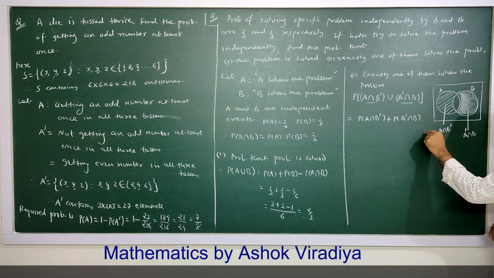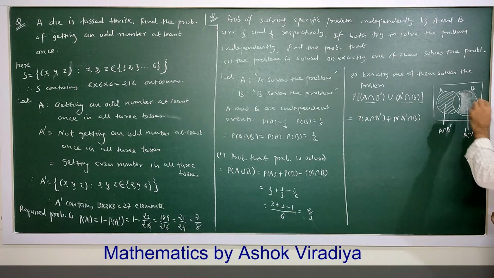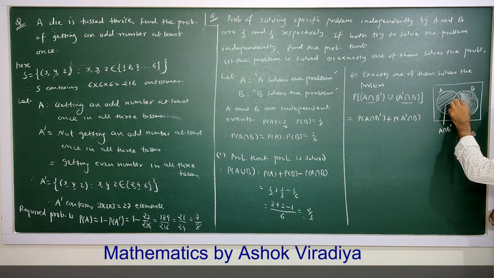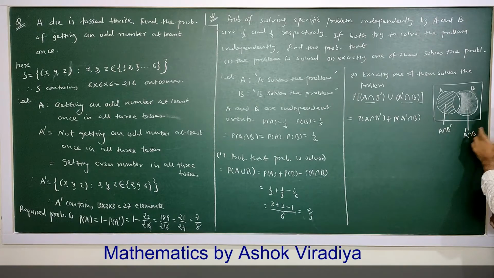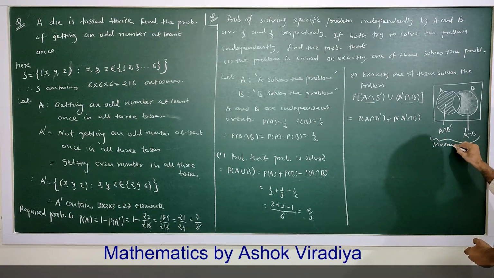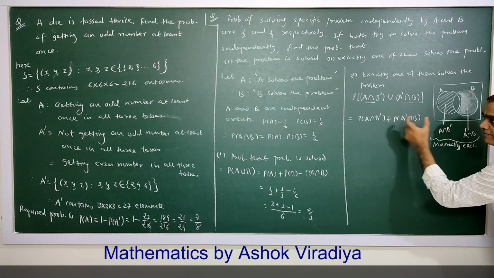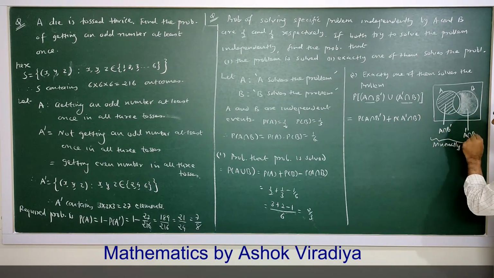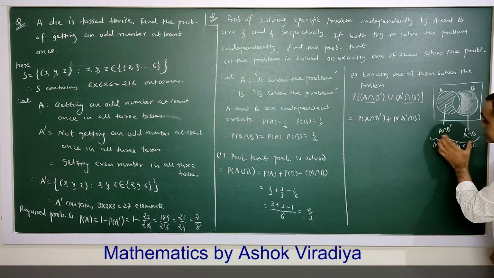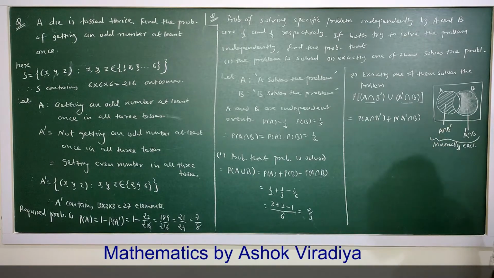Here intersection of these two is empty, so we don't subtract P of X intersection Y.